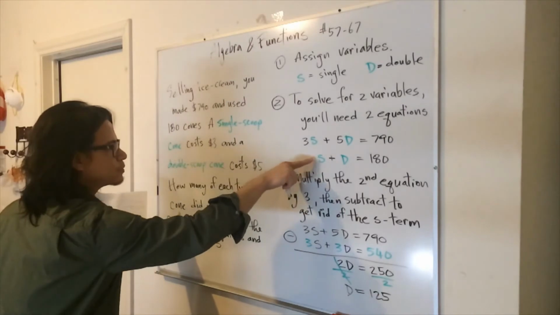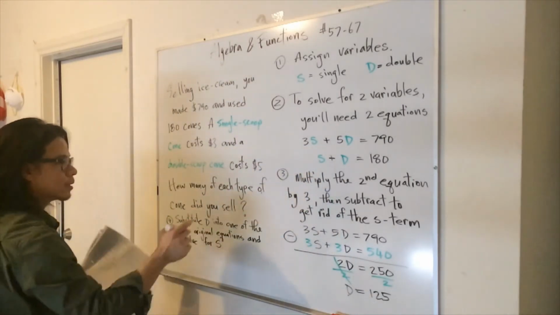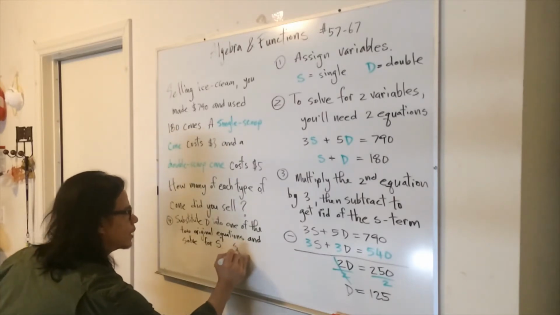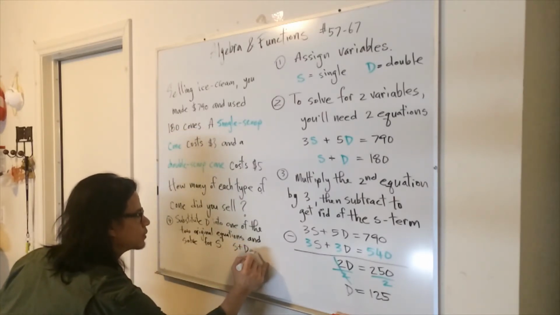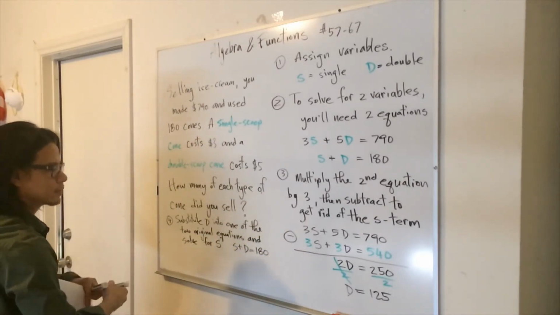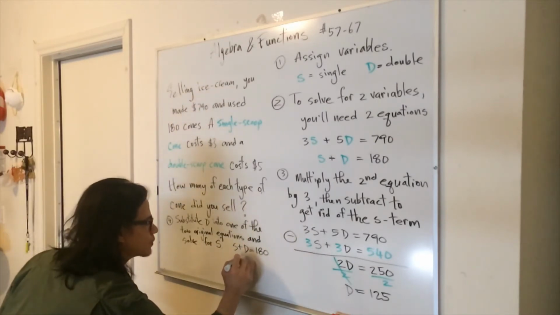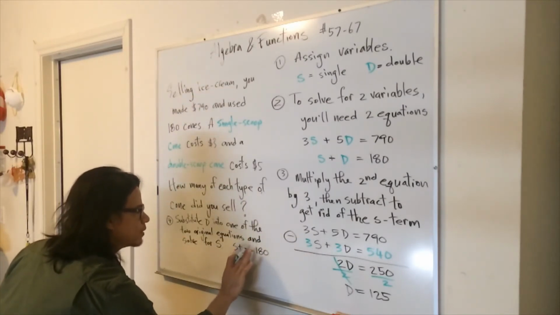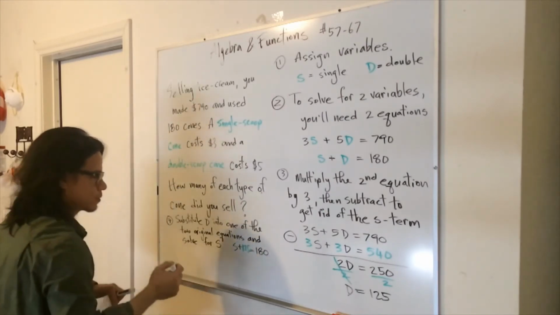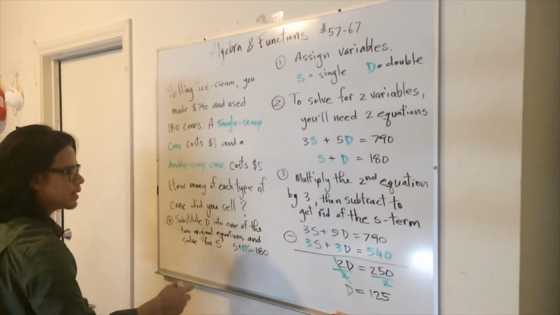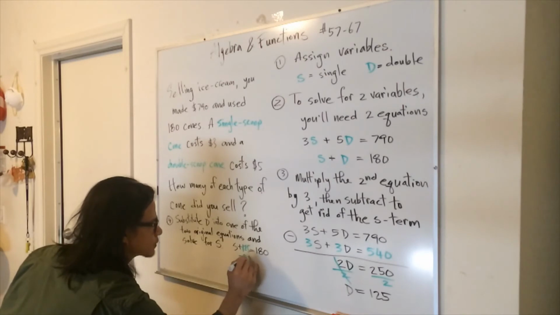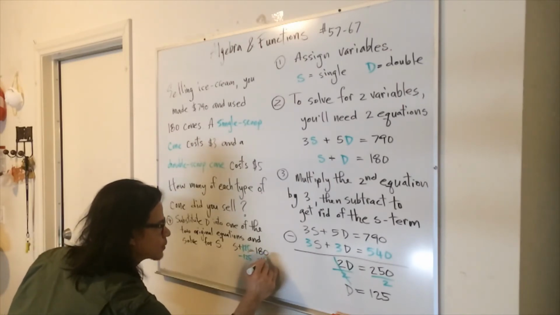To me this one looks easier, so I'm going to write it as s plus d equals 180. Substitute d in, so we'll have d is 125. Okay, to get s by itself, we're going to subtract 125 from both sides.